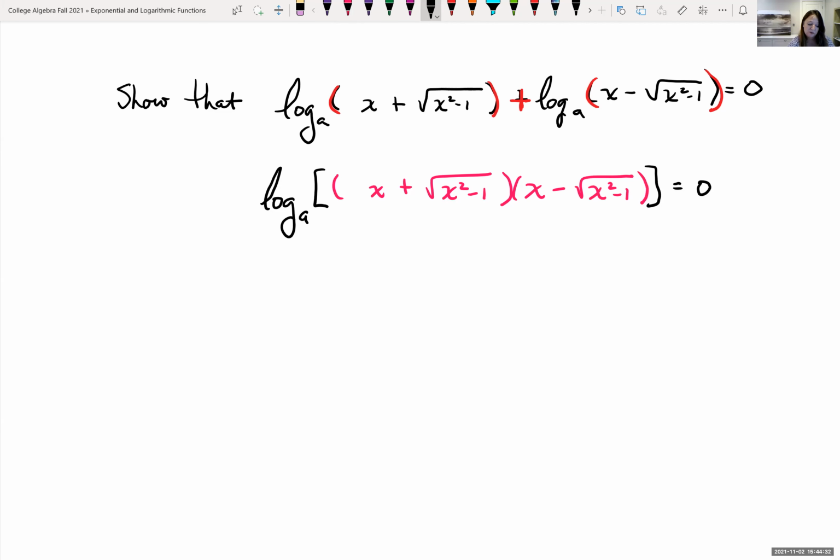So notice what we're multiplying: our difference of squares. And so we can just square the first piece, x times x is x squared, minus the square of the second piece. Well, if I square that square root, then I'm just left with what's underneath the square root, which is x squared minus 1. But I need parentheses around that whole radicand. Now let's distribute our negative.